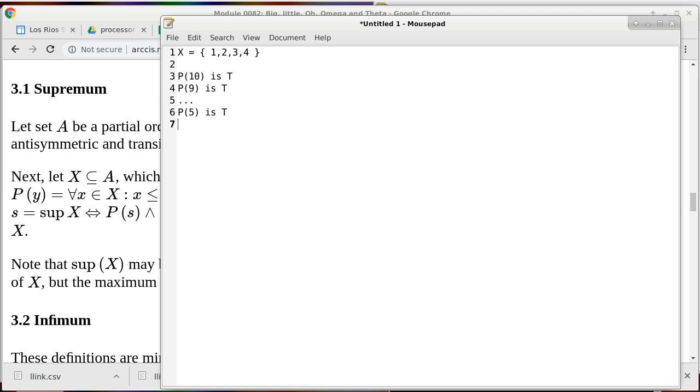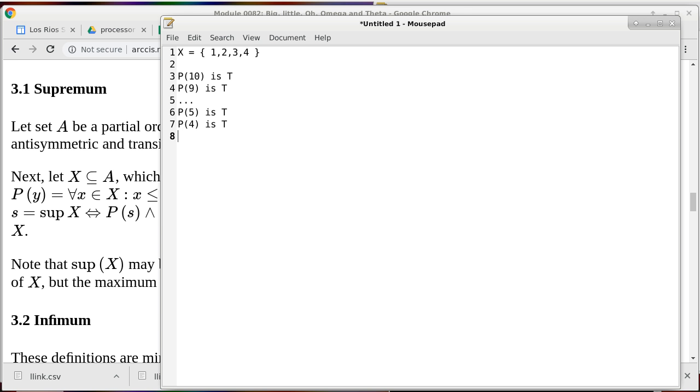That is true too. What about P of 4? Yep. So in this particular case, P of 4 is also true, but that's the smallest value that will make P true. So that makes it the minimum of the upper bounds. Is that okay? So 4 is the minimum upper bound, assuming X is defined the way that we define here.